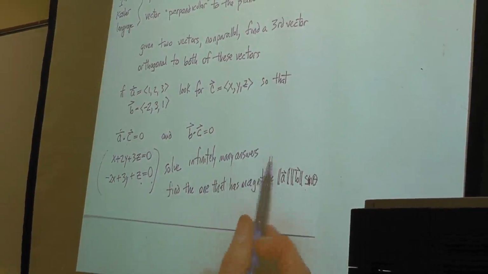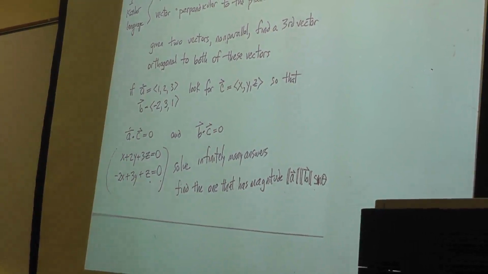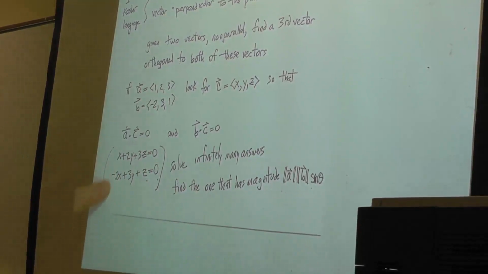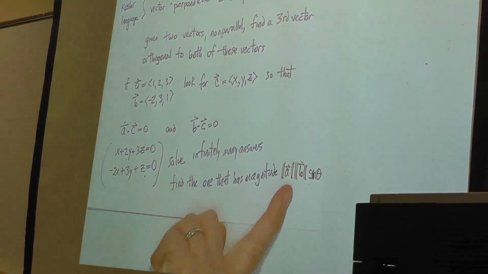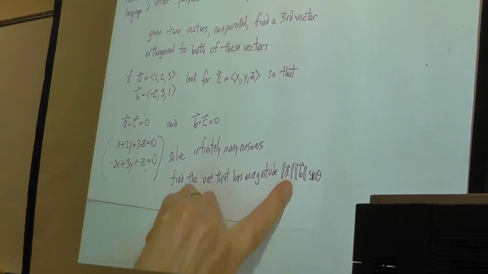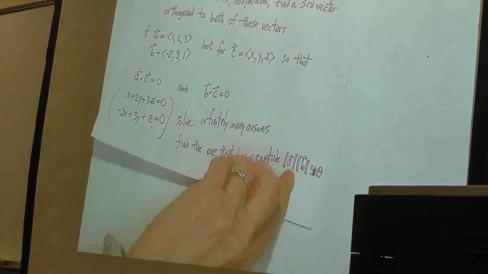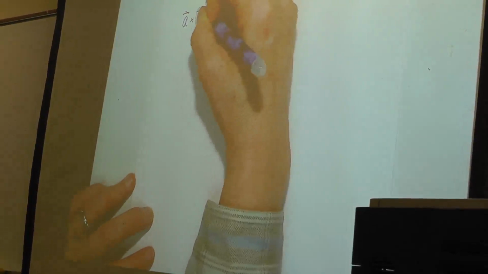I have infinitely many, so I can set the magnitude to be anything I want. And what that's going to do is nail it down. The only problem is you don't particularly care to solve linear equations and then get infinitely many answers and narrow this down. But that's what we want. Okay? Well, that's what the cross product does. So A crossed with B, it's got that X there.